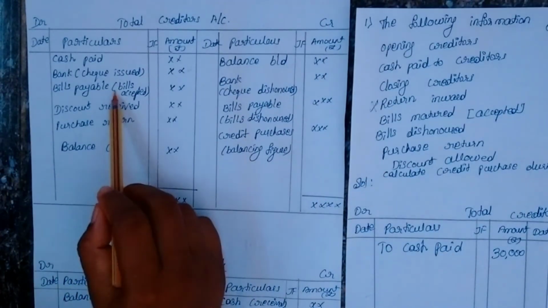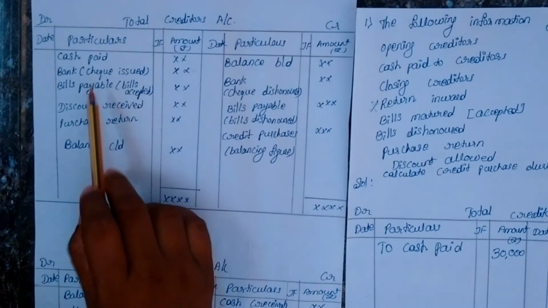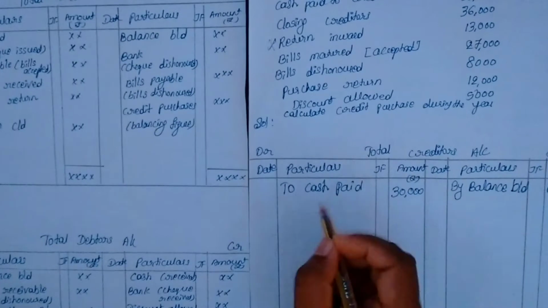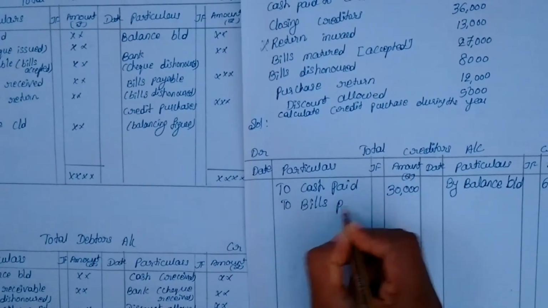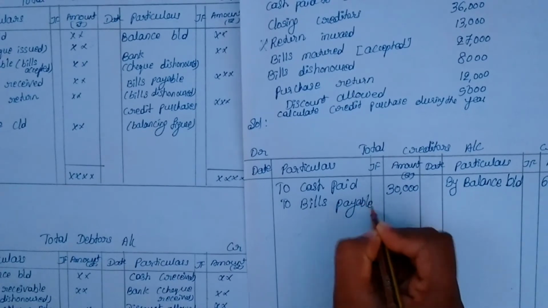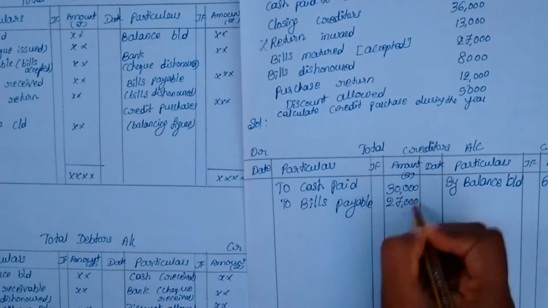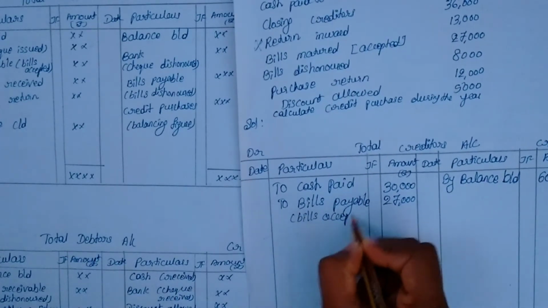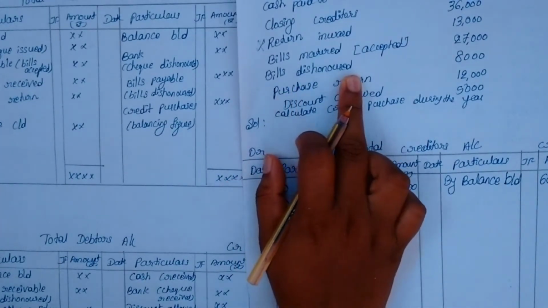As per this format, bills accepted is on the debit side. To bills payable, right? Bills payable amount is 27,000. Bills accepted. Right, here, bills accepted. Over. Next one is bills dishonored, 8,000.